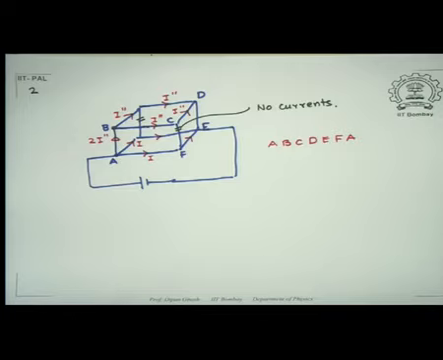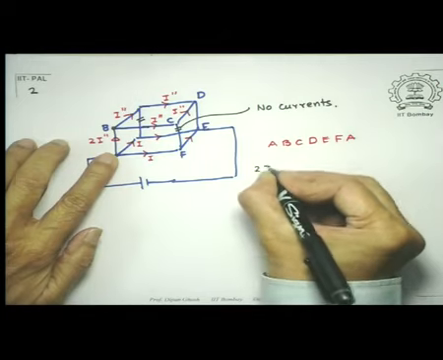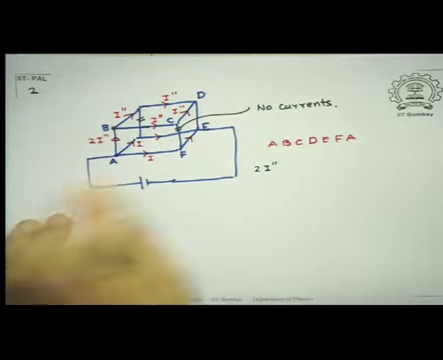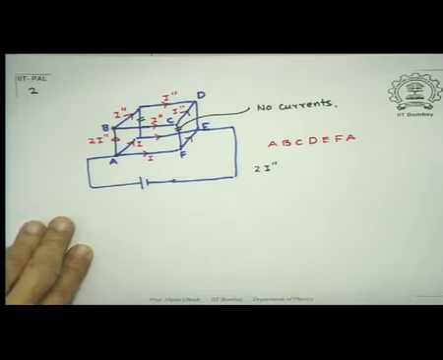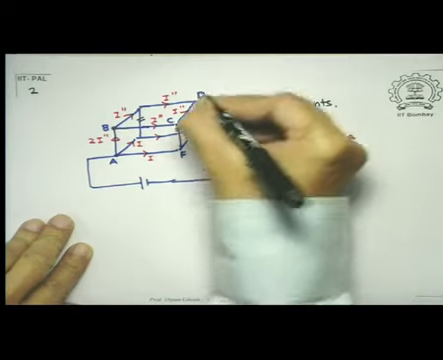So what am I getting? Notice this, I have a 2I there, times of course whatever is the resistance R. Let me take it as 1 so that I don't have to repeat that R all the time. Then plus I double prime, plus another I double prime.